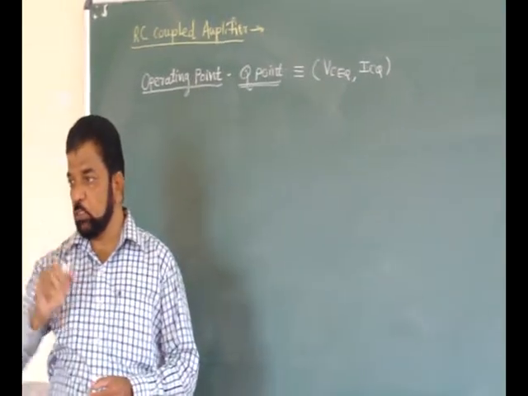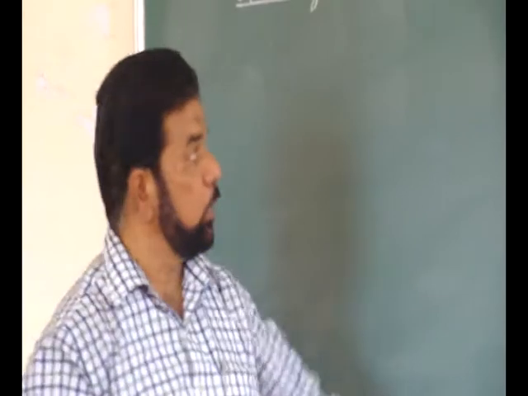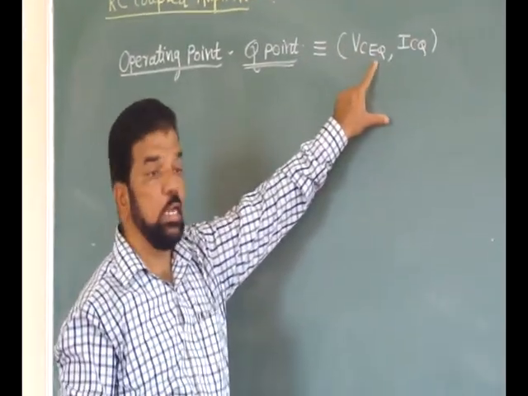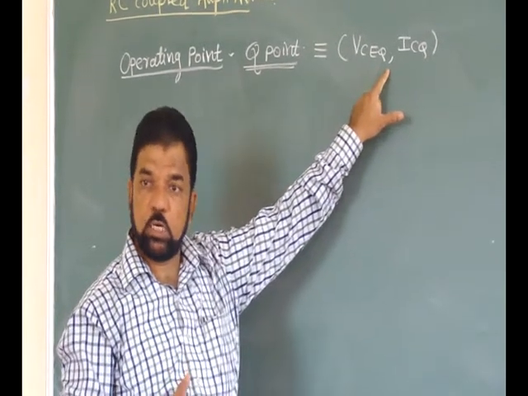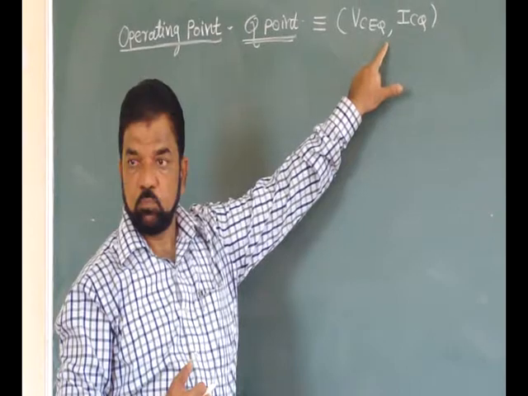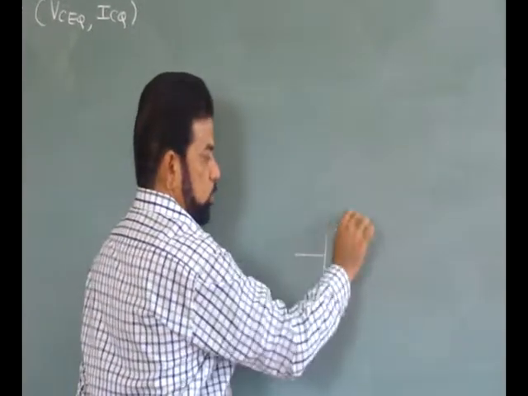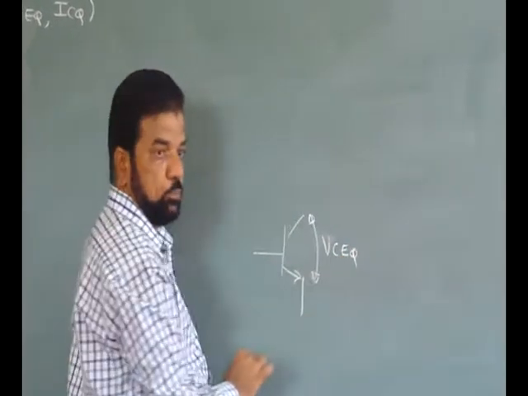Now you have a transistor device, and the transistor is used as an amplifier. The first term is the voltage between collector and emitter. What does Q mean? Under quiescent condition, under DC conditions. If you have a transistor, how much is this voltage? This is nothing but VCEQ.